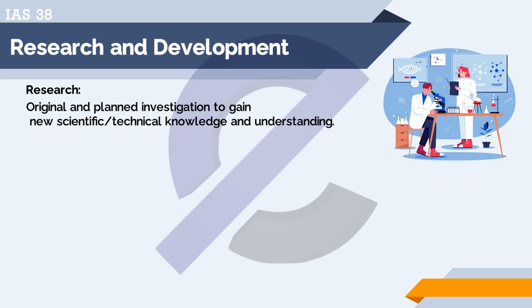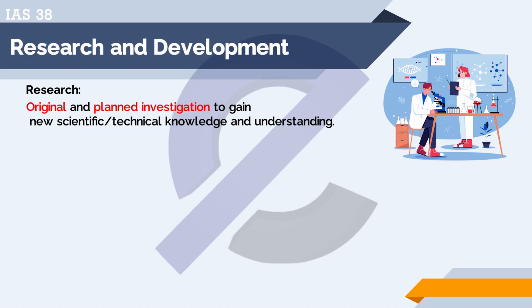If a technology-based company is looking for development of a new kind of technology, that is also original and planned investigation. But if the company was not actually looking for the vaccination of one disease and accidentally found it, then it is not called a planned investigation. Also, if the vaccination of a particular disease already exists, then it will not be classified as an original idea.